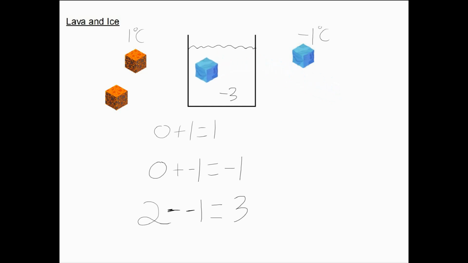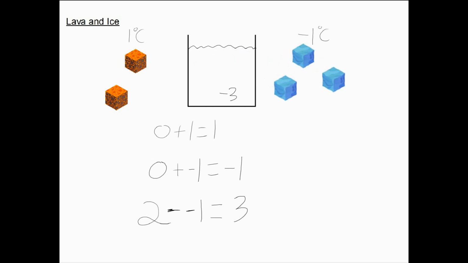So when there are 2 ice cubes in the beaker, the temperature is -3 in this example. So I want to know what the new temperature will be when I remove the 2 ice cubes.